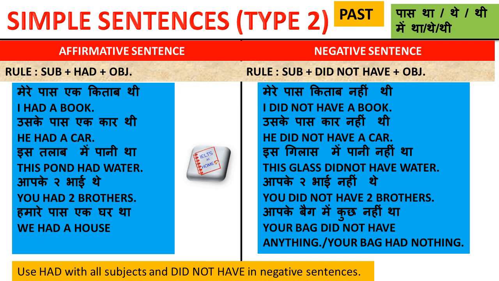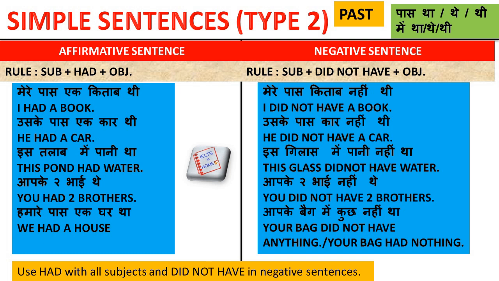If your sentence is negative, you need to use subject plus did not have plus object. Here we are removing had and using did not have in simple sentences. We are not using had not because that is used in tense form, in past perfect tense.